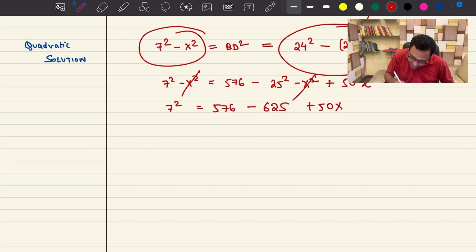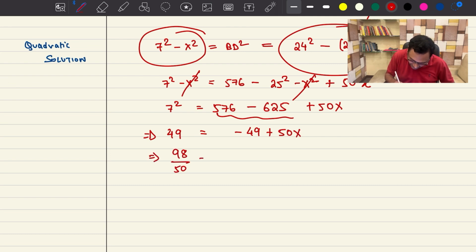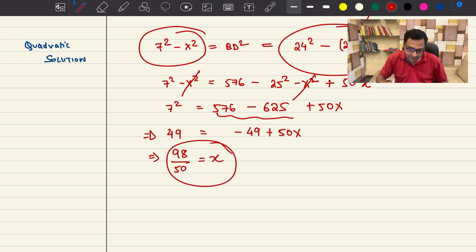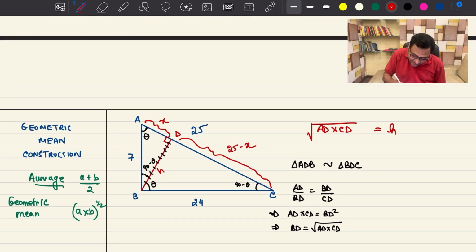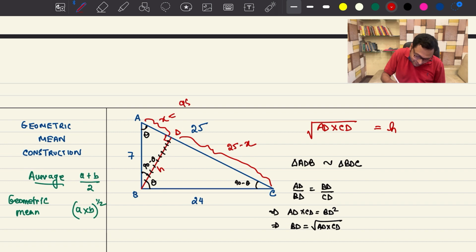But we know already that this is 49 and this is negative 49 and this is 50x. So you get 98 by 50 is x. So this x is 98 by 50.